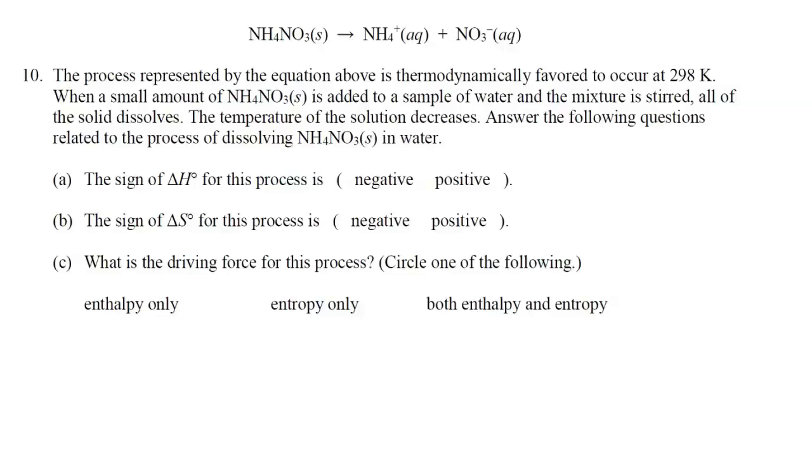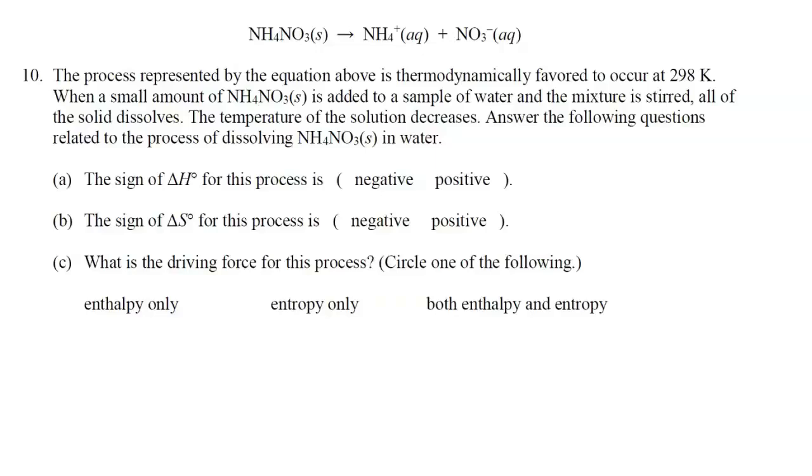The chemical equation features ammonium nitrate, NH4NO3, solid on the left, and on the right features aqueous ions of ammonium and nitrate. When a small amount of solid ammonium nitrate is added to a sample of water and the mixture is stirred, all of the solid dissolves. Again, that's consistent with the fact that this process is thermodynamically favored to occur.